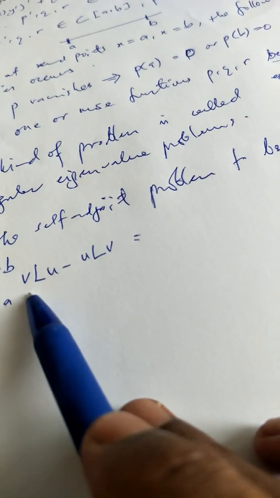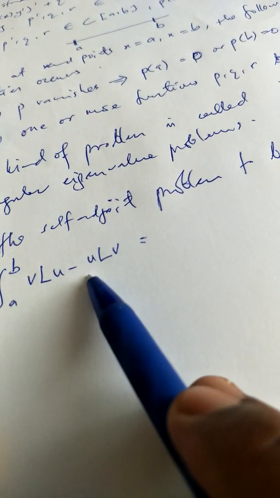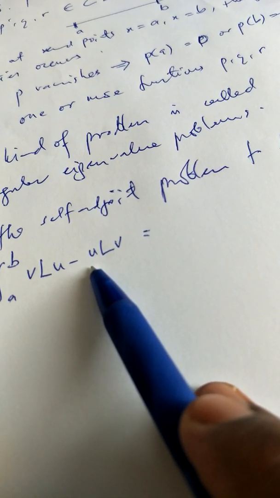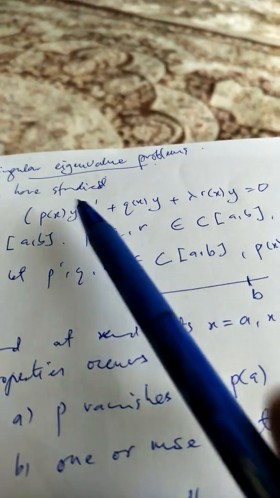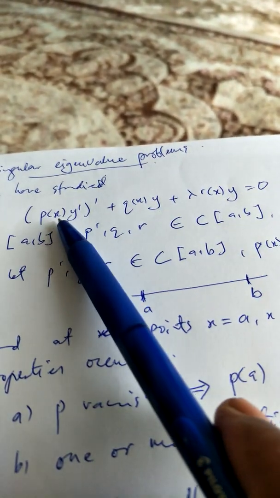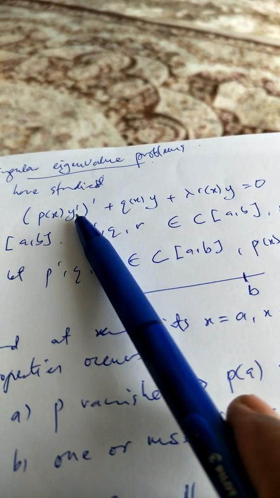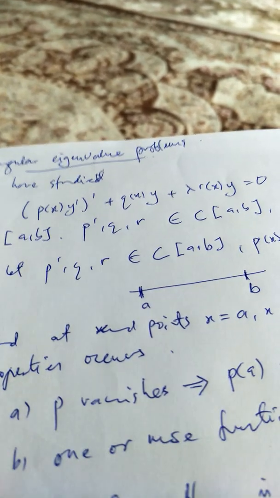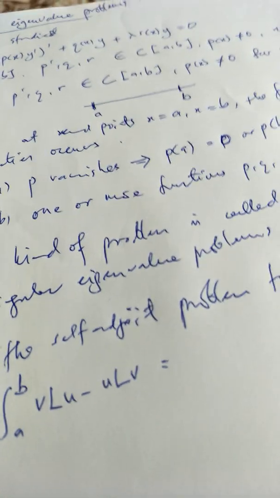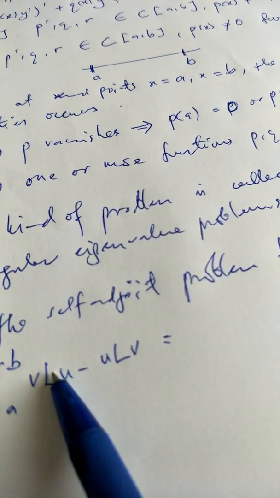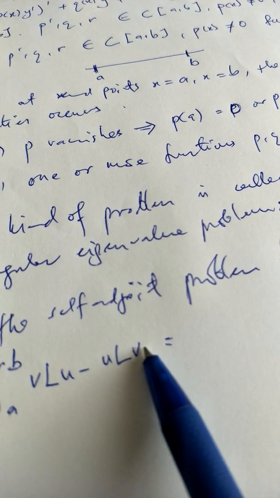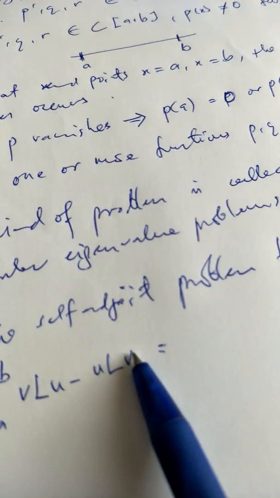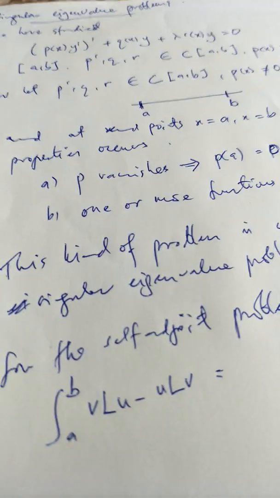If you do this using integration by parts, where your L is given here, L is p(x) y prime, all prime, plus q(x) plus lambda r(x), you apply it with respect to u and v, where u and v are twice differentiable functions.